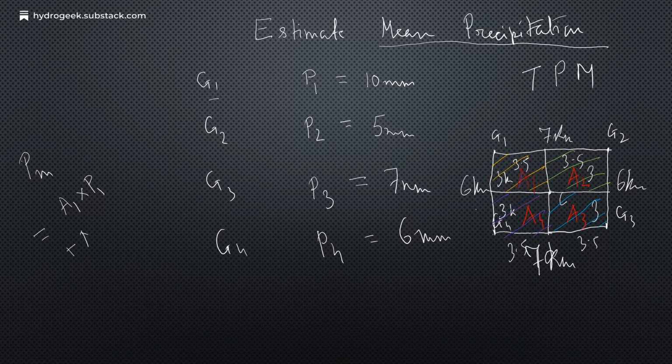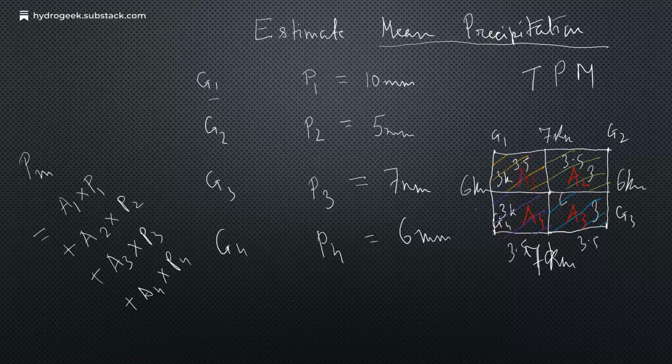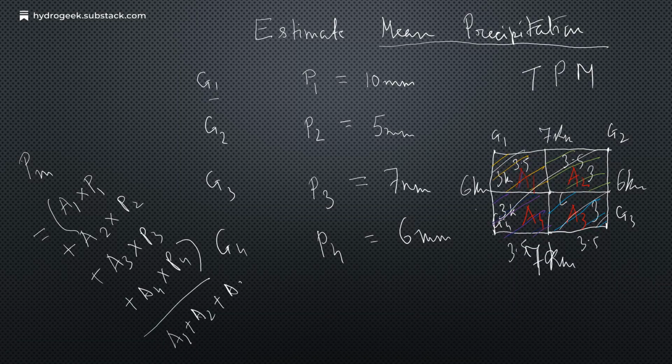Similarly, A2 multiplied by P2, A3 multiplied by P3, A4 multiplied by P4. This will be divided by the total area of the watershed, that means this entire rectangle. So it is given by A1 plus A2 plus A3 plus A4. Basically, it is the total area of the watershed.